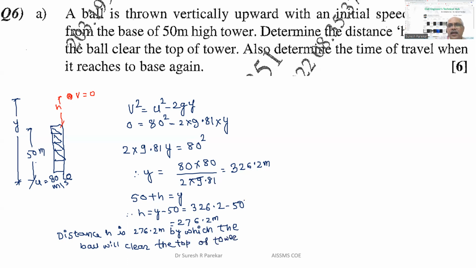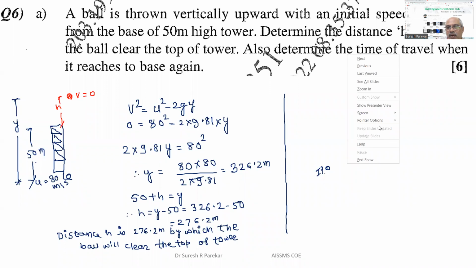What is the second part? Determine the time of travel when it reaches the base again. Now this is most important. Now I will draw the diagram again. So this is my initial position. And now in the second case, what do we have to find? What is the question?